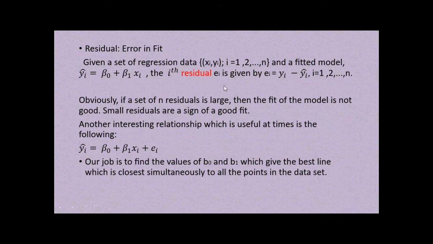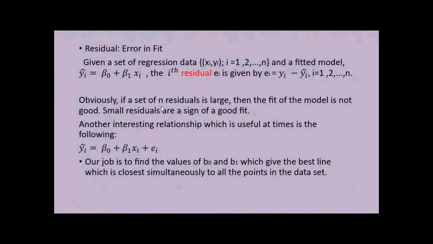So residual is the actual difference between yi and y cap i: the ith value of y in the column and the corresponding y cap i calculated from the straight line for the corresponding xi value. Okay. We will discuss an example in coming pages.